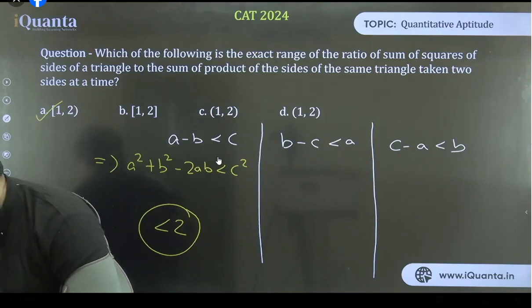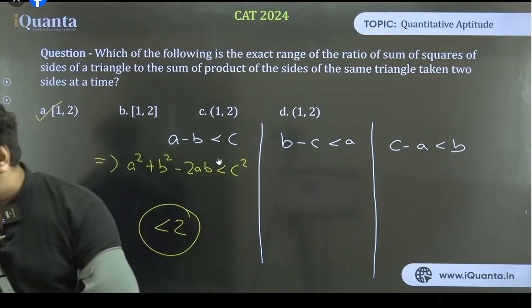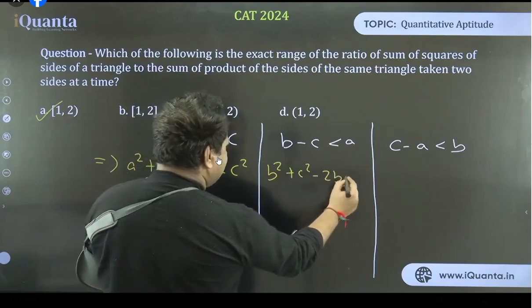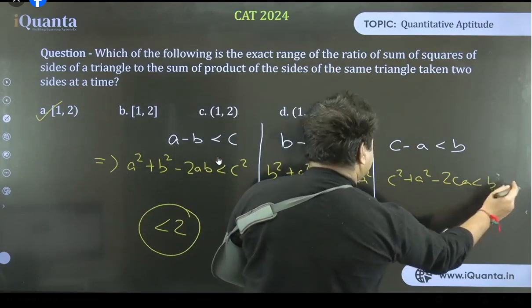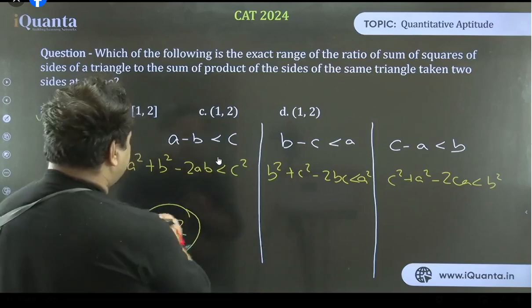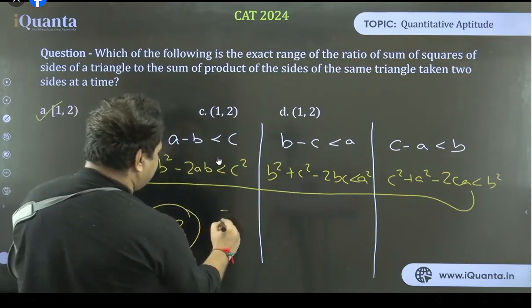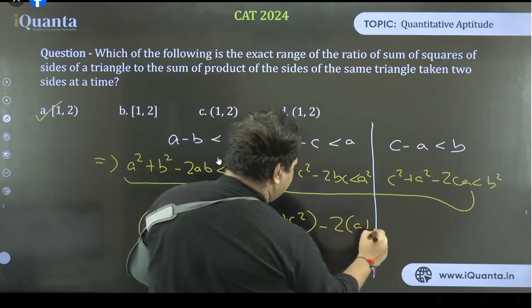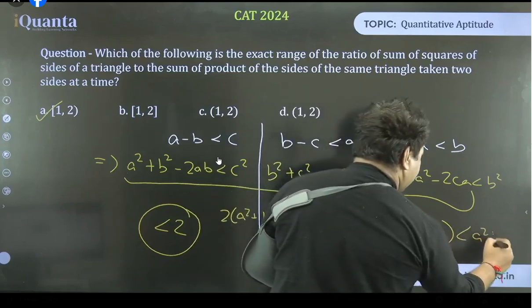Sure, yeah, exactly. By the way, this thing can be interpreted in mind also, isn't it? दिमाग में ही वो चीज, पीयूष, ये सॉल्व कर दूं मैं. The same thing, no? B square plus C square minus 2BC will be less than A square. C square plus A square minus 2CA is less than B square. Let's add all of it. So you will get, add कर दो पूरे को, everything. So what do you get? On the left hand side you will get 2 times A square plus B square plus C square minus 2 times AB plus BC plus CA that is less than A square plus B square plus C square.